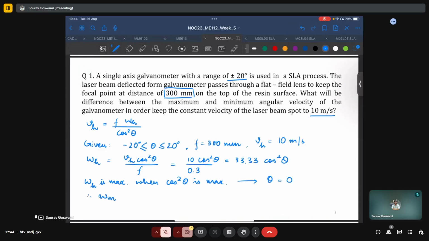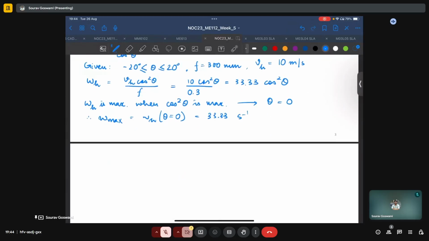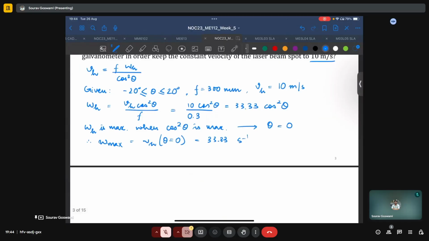Therefore, omega max is equal to omega h at theta equal to 0, which will simply be 33.33 radians per second. What about minimum? So we know that the value of cos theta decreases as theta increases from 0 to 90 degrees.